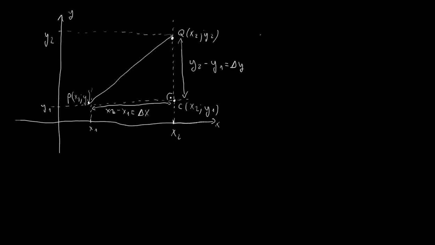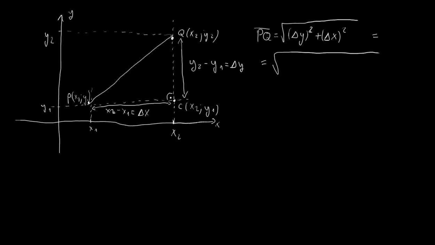So the length of PQ equals the square root of delta y squared plus delta x squared, or the square root of (y2 minus y1) squared plus (x2 minus x1) squared.